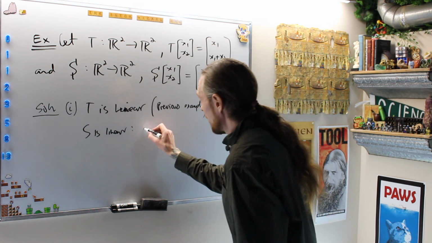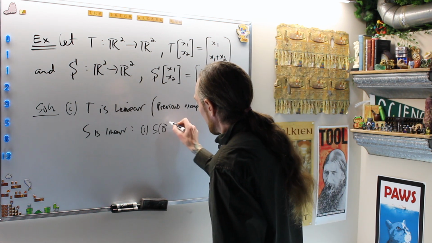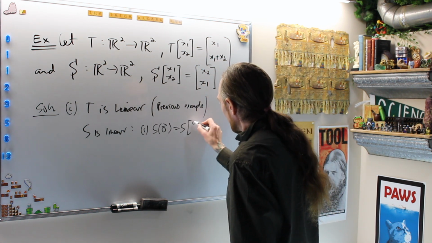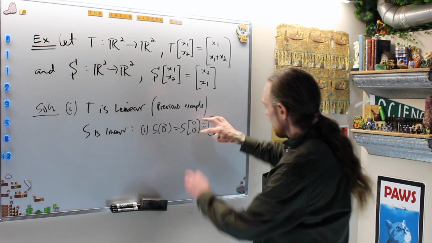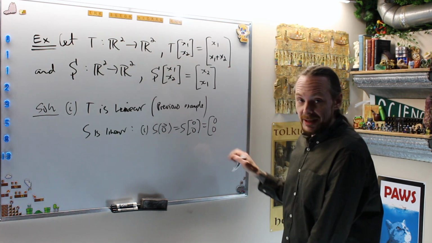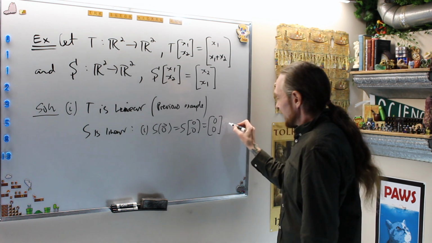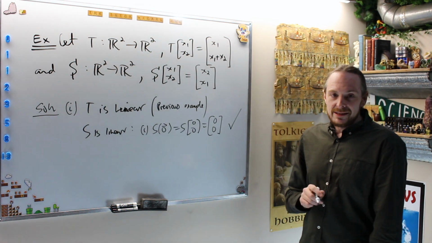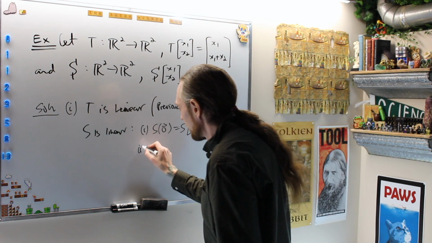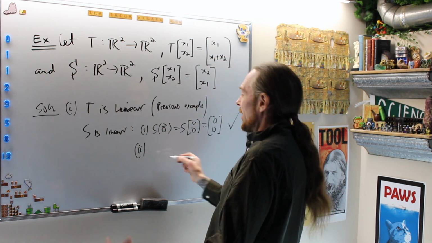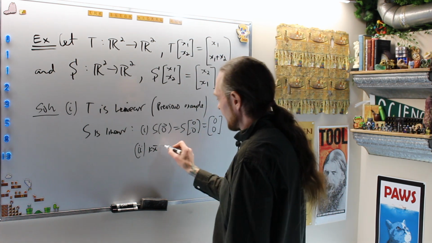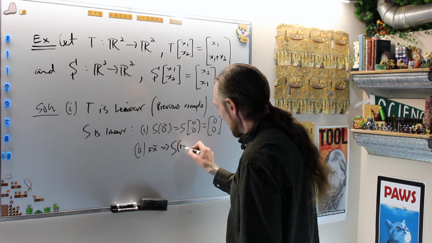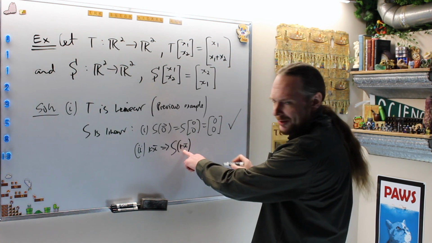What should I do? 1. S of 0 is equal to S of 0, 0, which is equal to, I flip those. You want to see me do it again? With 0, so it sends 0 to 0. 2. What do I need? Kx. So S of Kx is going to look like, I'm doing this in my head, scalar multiplication.